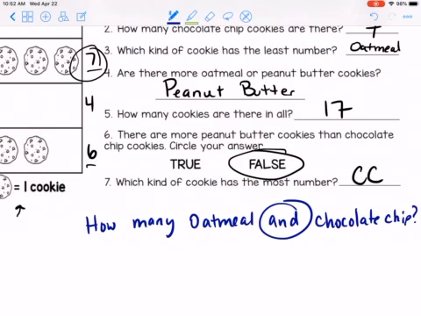How many oatmeal and chocolate chip? We're going to combine them. Oatmeal has 4, chocolate chip has 7, we're going to add. So 4 plus 7 equals 11. It's very important that you pay attention and determine what the question is asking.